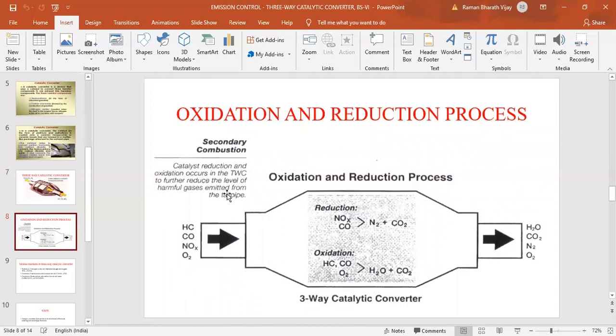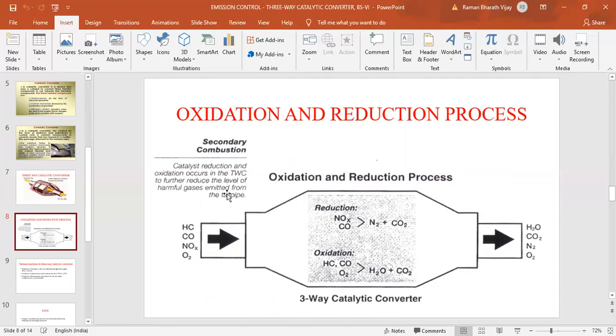What is the reduction process? When oxides of nitrogen enter the exhaust pipe, the reduction process goes on. In this process, nitrogen oxides are converted into single nitrogen, and the oxygen gets stuck on the honeycomb structure.